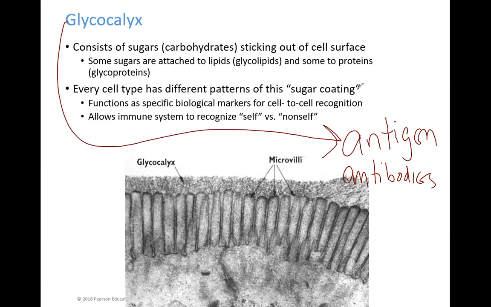Every cell in our body has a glycocalyx structure that's recognized. Our blood cells all have identical markers on them, depending on your blood type. If you are type A, then everybody that has type A blood has the same antigen, the same glycocalyx on our red cell, in addition to the cells marking it as us.